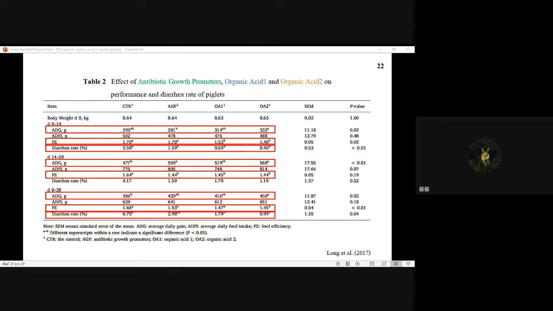But the other acids, like formic acid, acetic, propionic, or butyric, these four kinds of organic acid have a strong smell, so maybe they cannot really improve feed intake. So I think there are also differences between different organic acid sources.